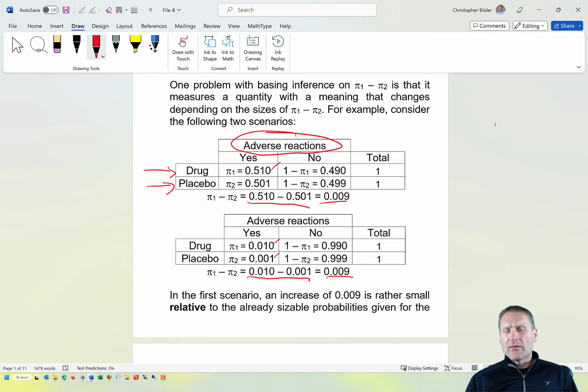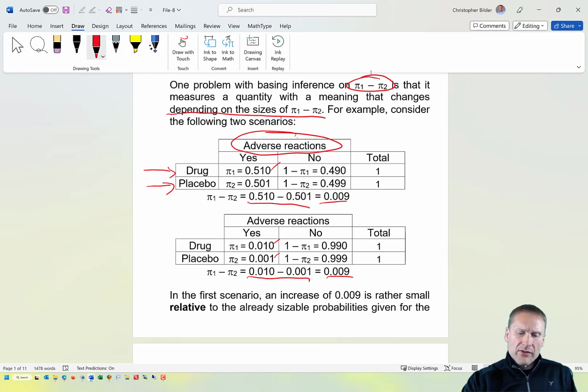But there's something very important here that the difference in the probabilities does not capture. And this difference is exactly the same no matter what the size of pi1 and pi2 are. So we see this in this particular example.